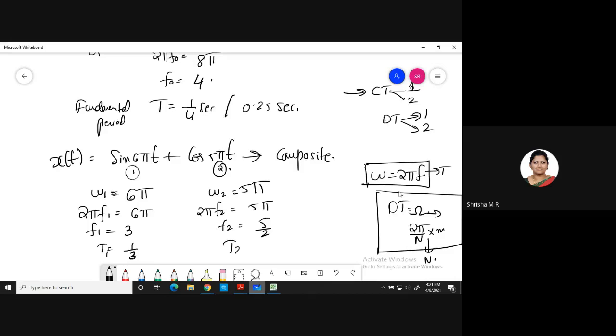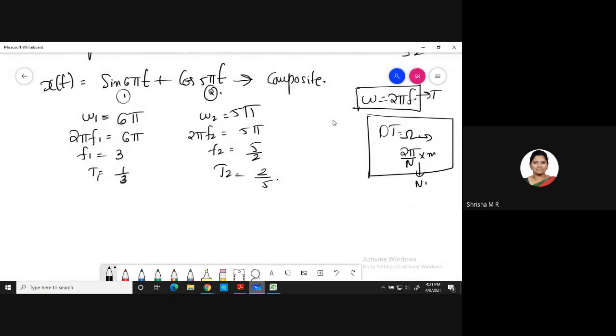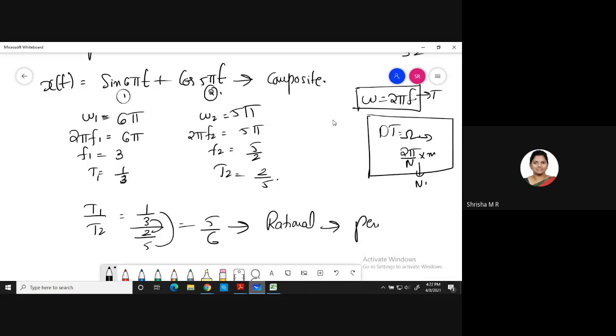So T2 will be 2 by 5. First take the ratio of T1 and T2. Obviously it's a periodic signal. T1 by T2 is 1 by 3 divided by 2 by 5, which gives 5 by 6. 5 by 6 is a rational number, so it's a periodic signal.